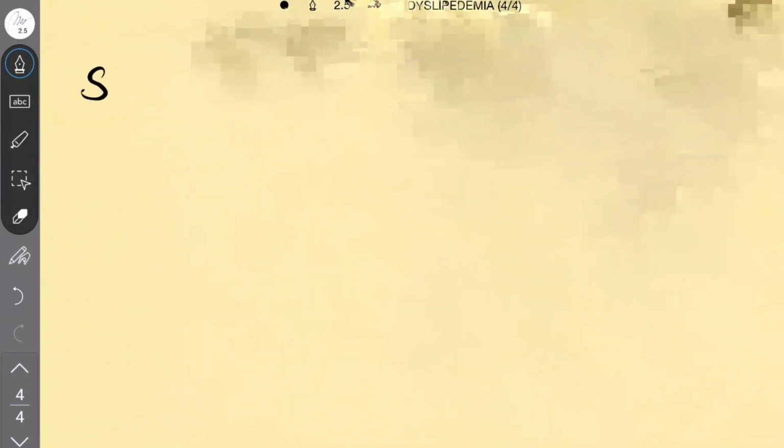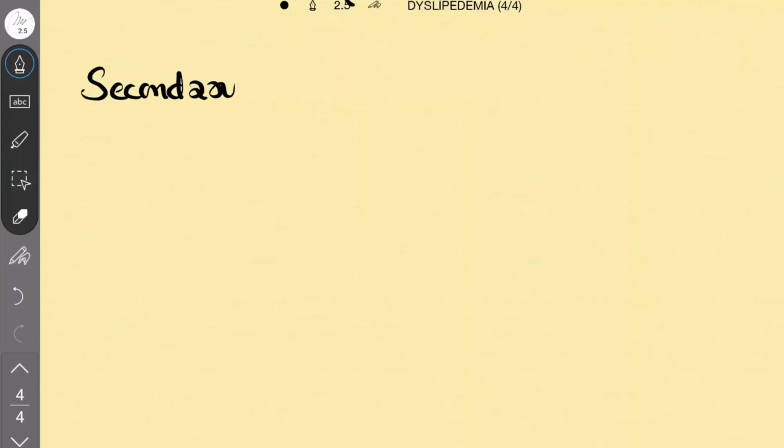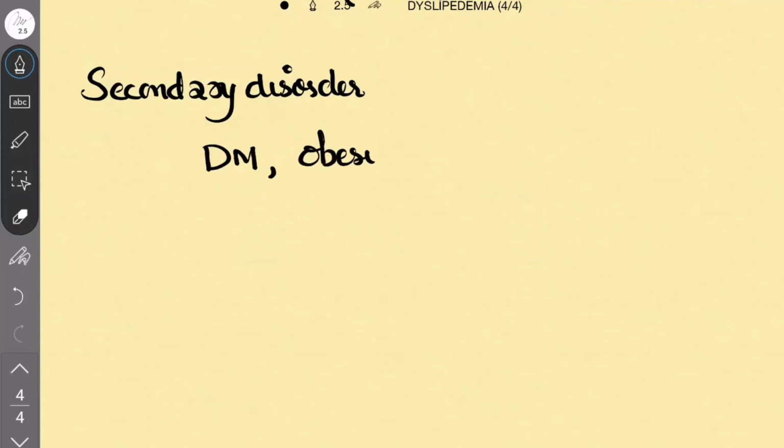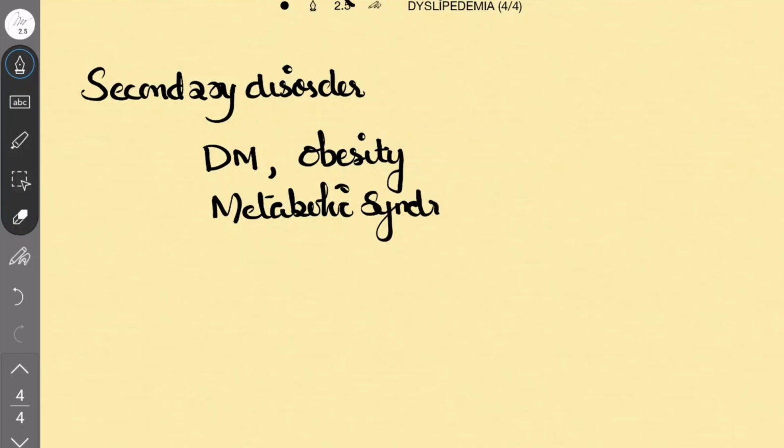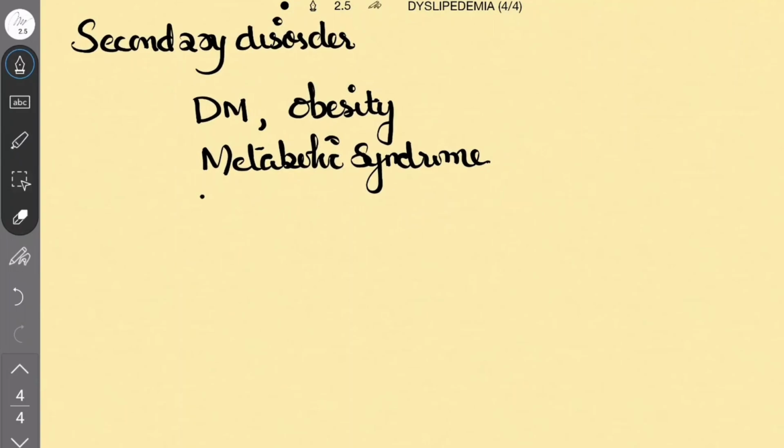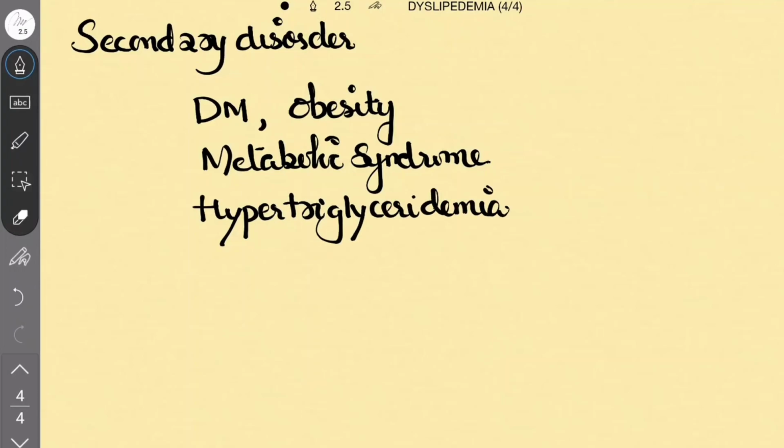Coming to the secondary disorders of low HDL, we see conditions like diabetes mellitus, obesity, metabolic syndrome, hypertriglyceridemia, smoking, and anabolic steroids.